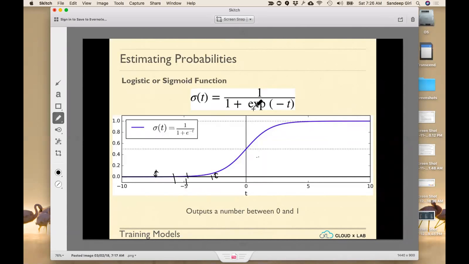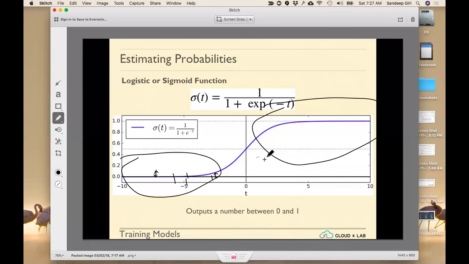So the sole idea is that the function needs to be decisive for various values of t. It should be able to clearly say whether to go for 0 or for 1, as much as possible. In this area where there is a little bit of confusion, for example, when t is 0, this function always says 50-50, right? That's just a single value.